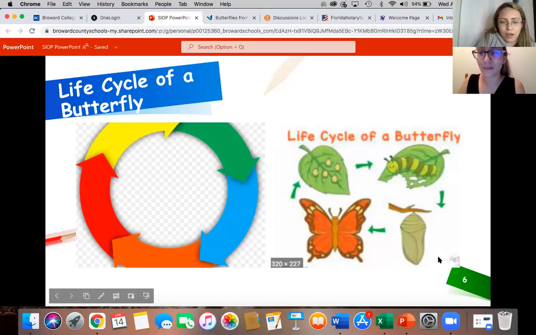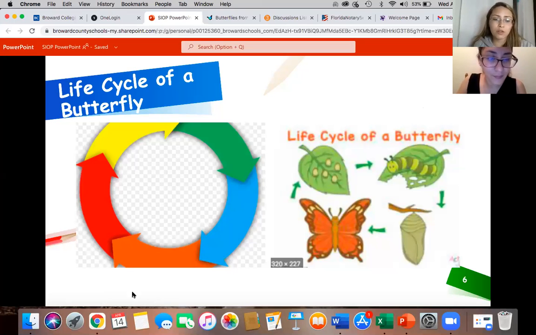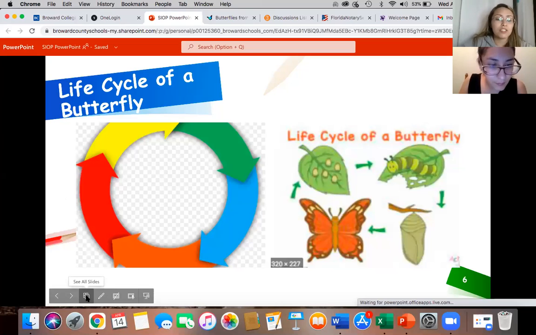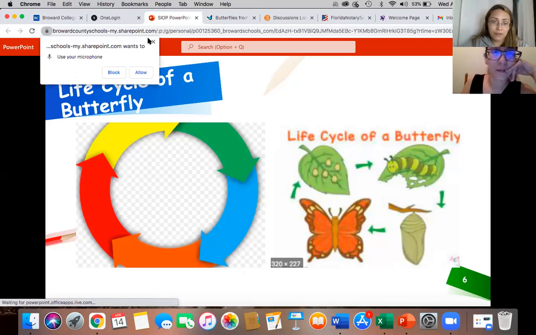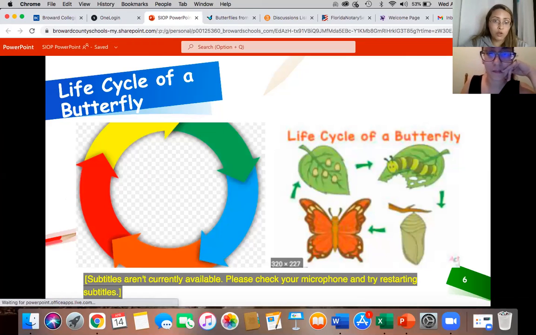Perfect. So earlier during the lesson, we had Ms. Garson explain, telling us to remember and to think about the word life cycle, which we have learned before. We know that the word life cycle means something that living beings like us go through, a change.